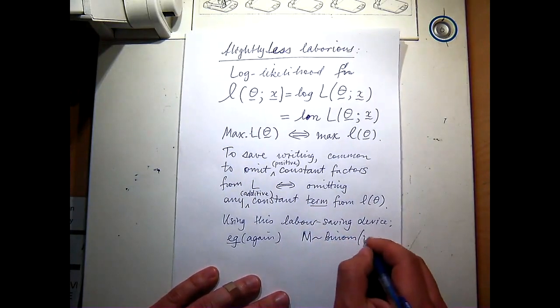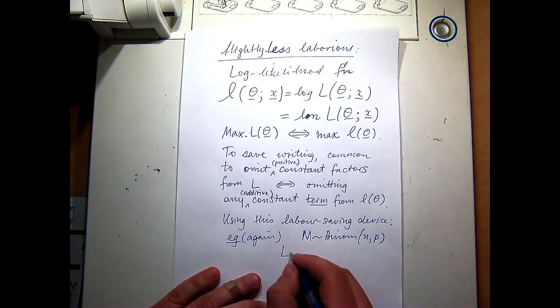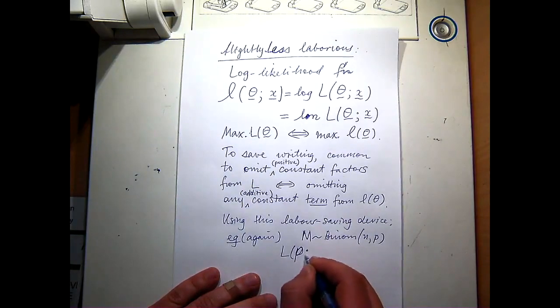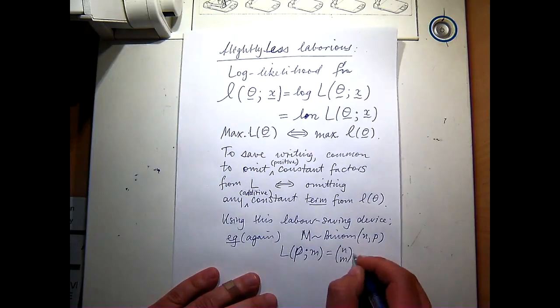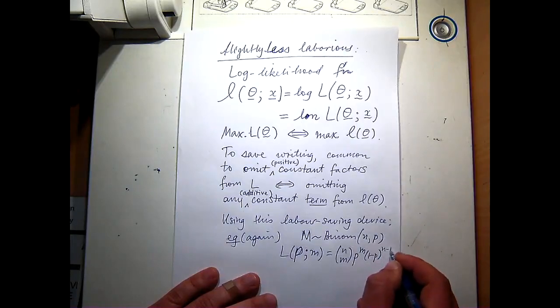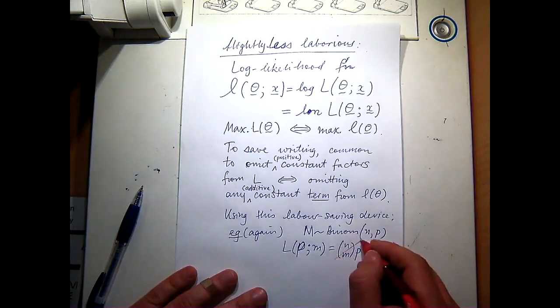M is binomial n, p, and the likelihood is, as before, L of p given m is n choose m, p to the m, 1 minus p to the n minus m. Now, talking about this slightly less laborious, we'll just avoid that constant factor.